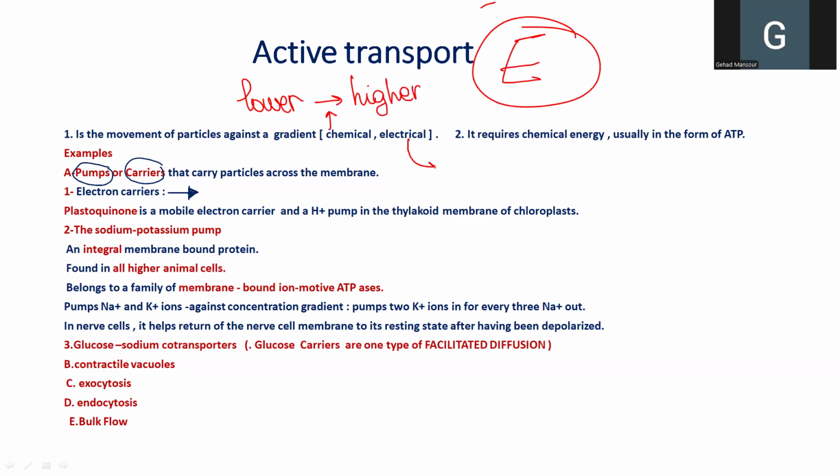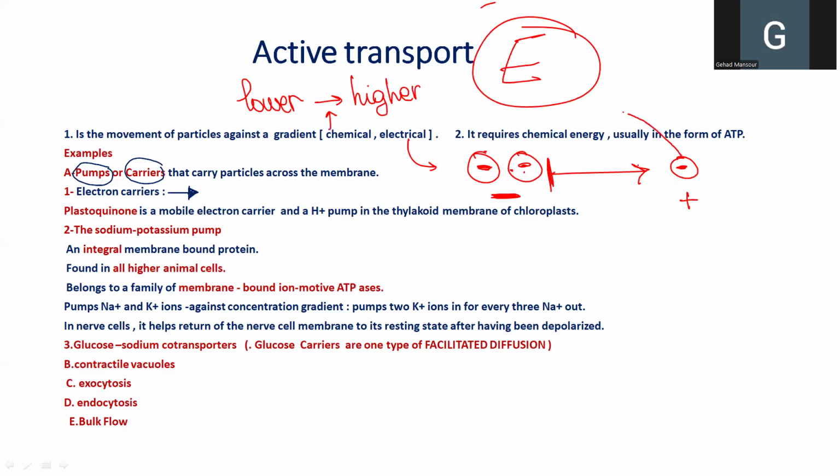Against an electrical gradient, we usually find electrons moving from an area where they are more abundant, an area that is more negative, to an area where they are less abundant. The area where they are more abundant is the negative pole, and the area where they are less abundant is the positive pole. So electricity normally flows like this.